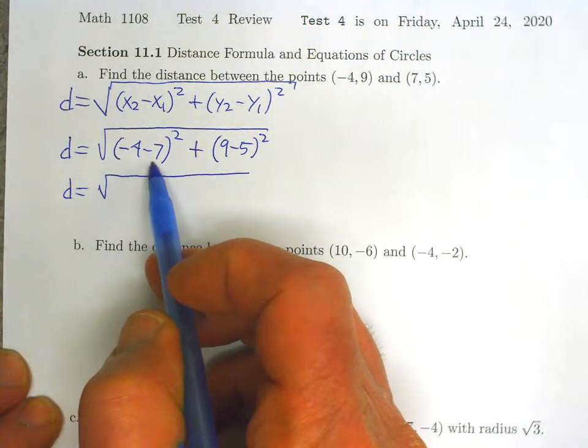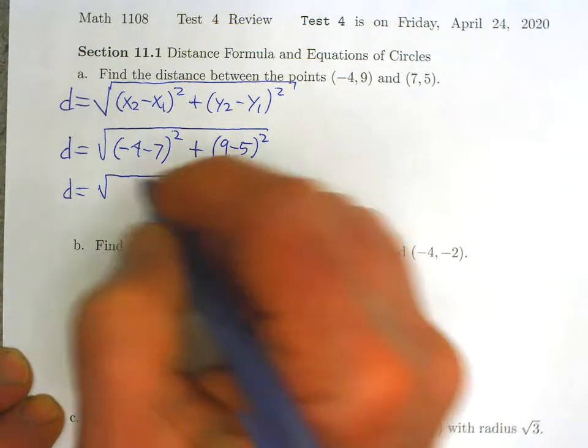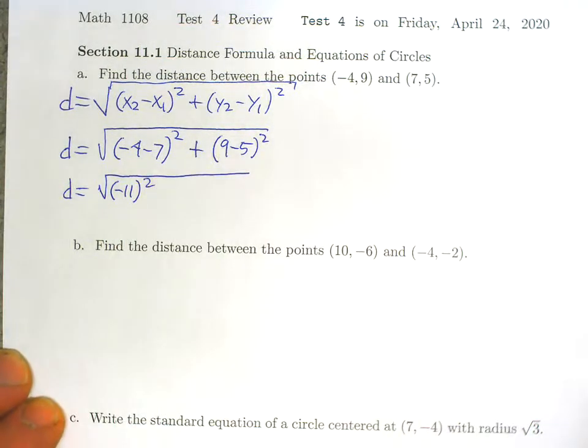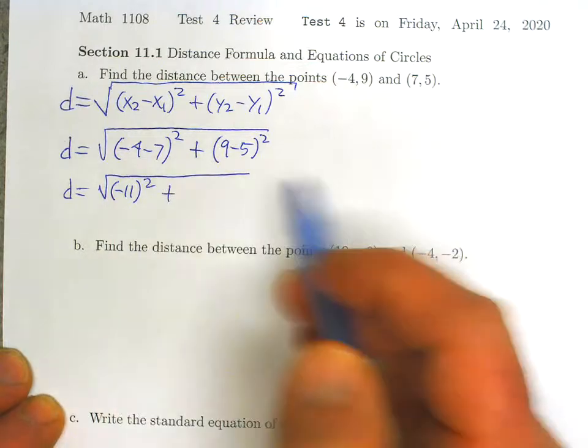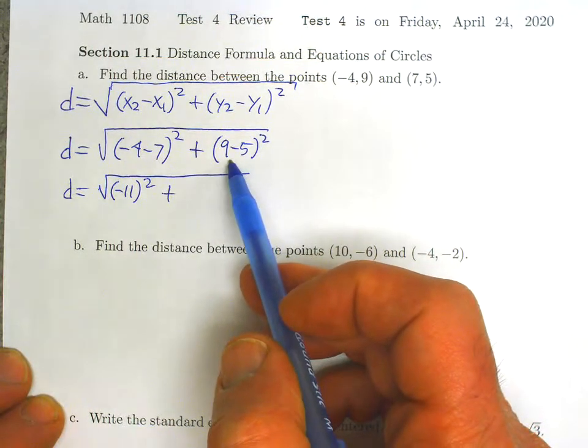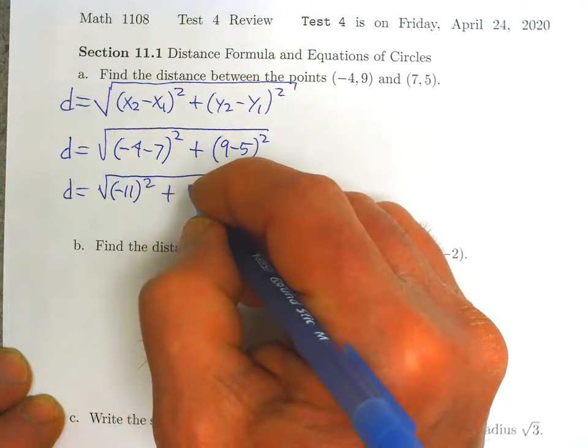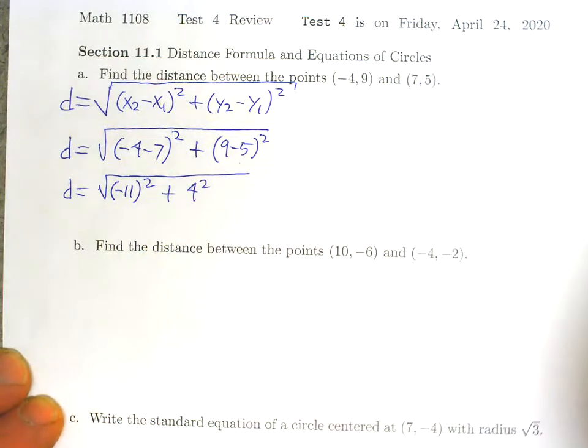So -4 minus 7 inside this set of parentheses is -11, and we have to square -11. And then we're adding that to this number. 9 minus 5 inside the parentheses is 4, so it's +4 to the second.